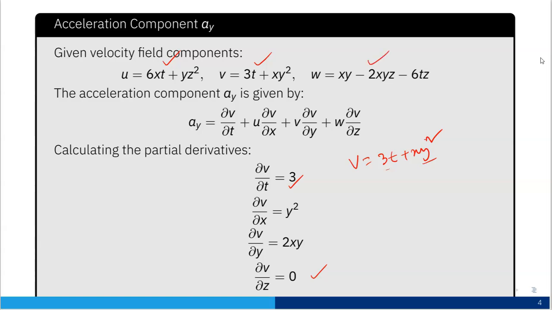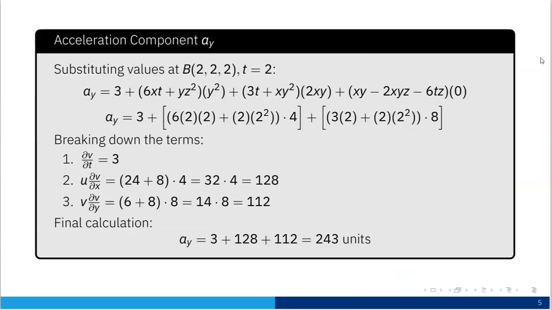Now if we plug in x equal to 2, y equal to 2, z equal to 2, and t equal to 2, we get ∂v/∂t, plus u times ∂v/∂x, plus v times ∂v/∂y, plus w times ∂v/∂z, which is 0.